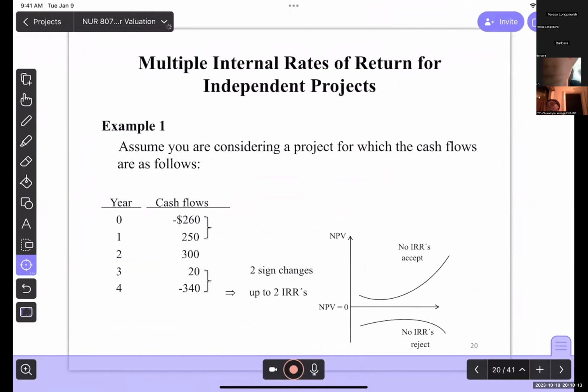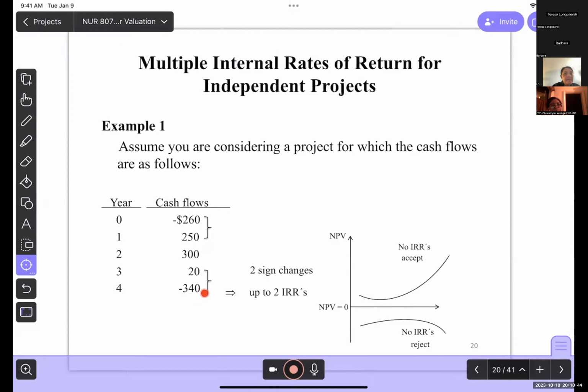This is a tool, right? It's just a tool. I don't want to be focused on the tool. I want to use the tool. I don't want to describe so much, but it requires being able to interpret for different scenarios. You need to understand the mechanics of the tool. So look at this drawing here. These are cash flows that go from negative to positive and then positive to negative.